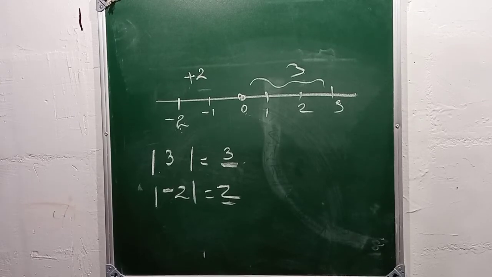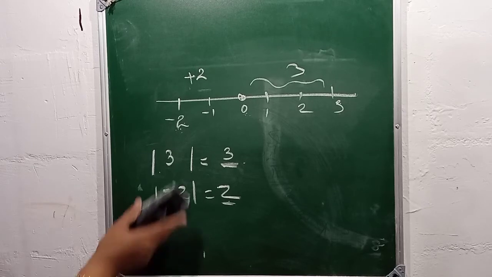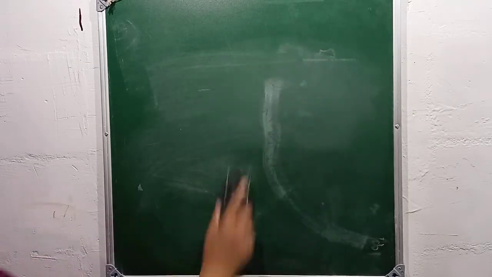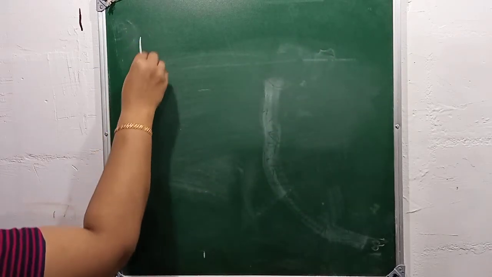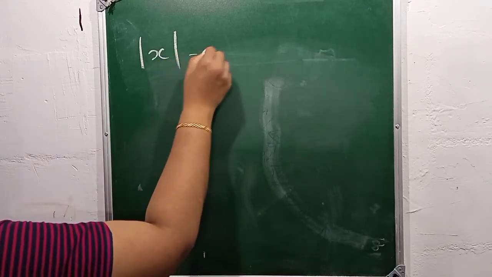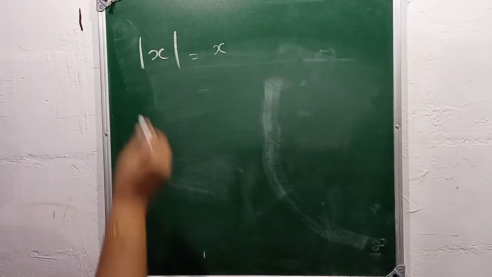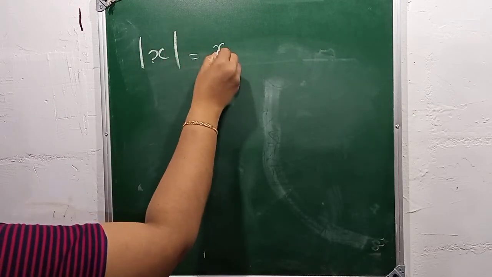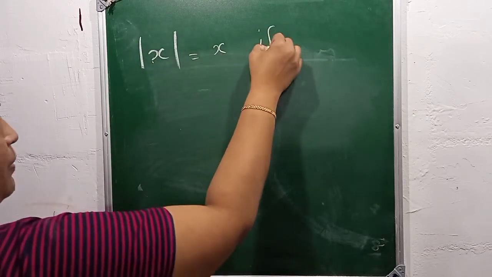Okay, here we have a definition of absolute value. What is that absolute value? We can check. See, if x is a number, mod x is the absolute value of x. Absolute value of x is equal to x if x is positive.